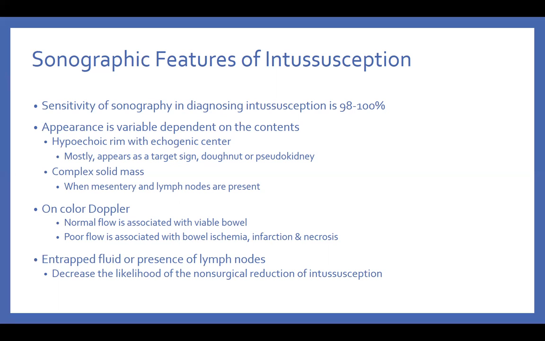The hypoechoic rim is the intussusception, the receiving loop of bowel, and the echogenic center is the one going into it. Remember this from earlier: that becomes the intussusceptum.